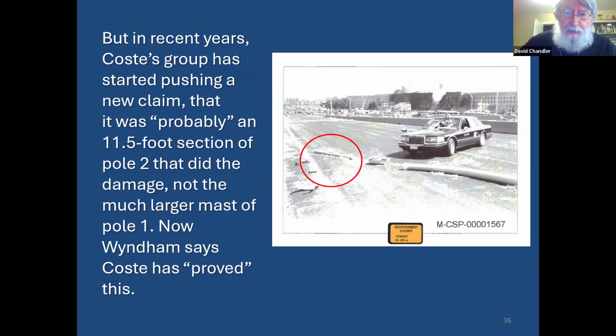The other part is that in some of the videos that Wayne showed, Craig Ranke is trying to get Lloyd to identify this big old chunk as the pole, knowing that's an impossible pole.